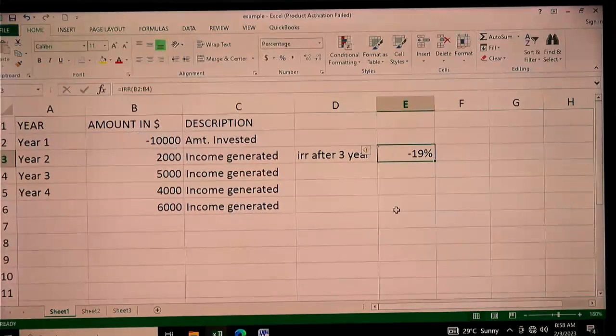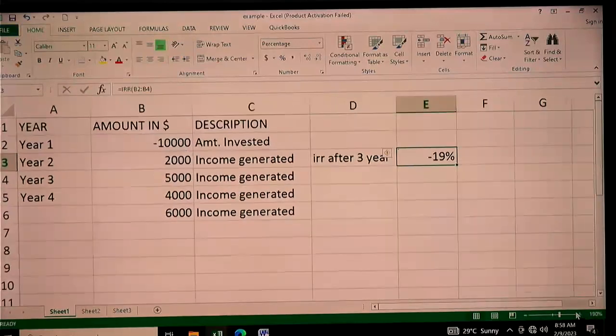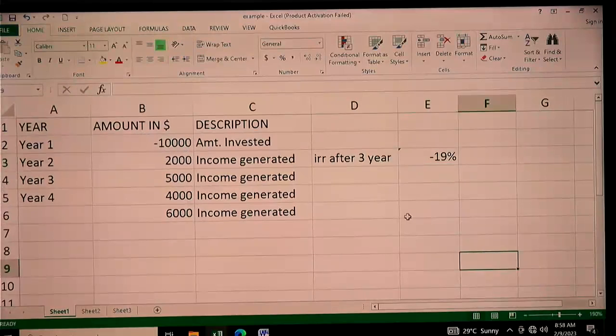Who can really explain why the internal rate of return is negative? Why is internal rate of return negative? Agnes?